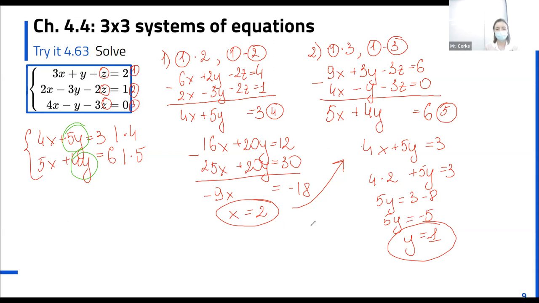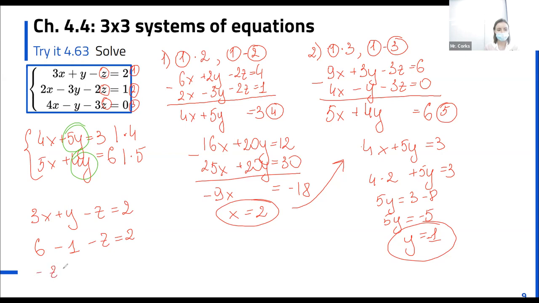And the last step, we use both these values and input them into, let's say, the first equation, 3x plus y minus z equals 2. So x is 2, so 6 minus 1 minus z equals 2.